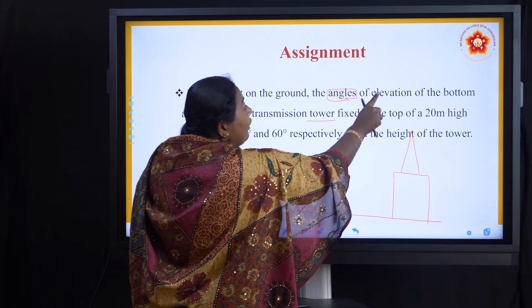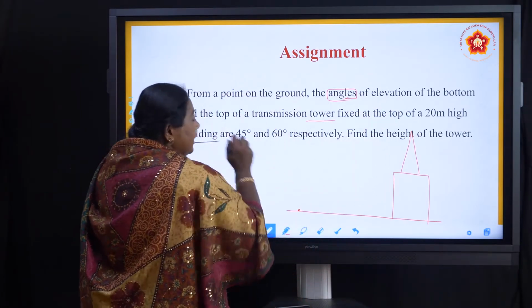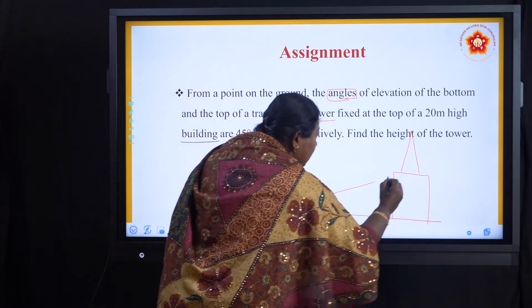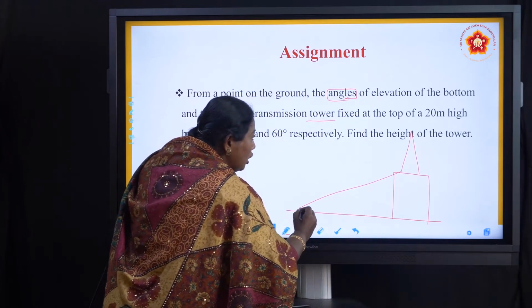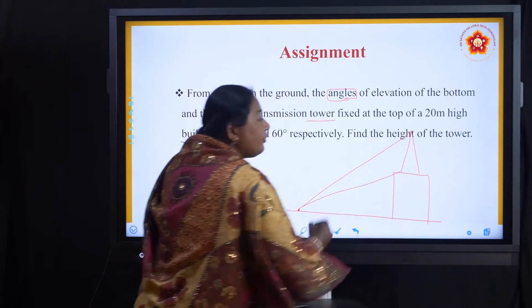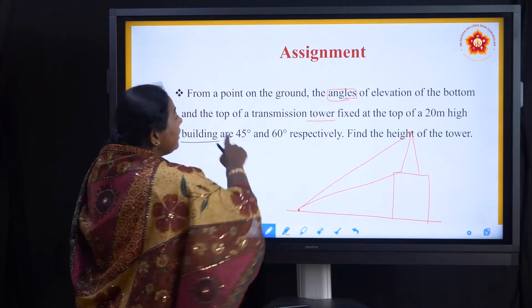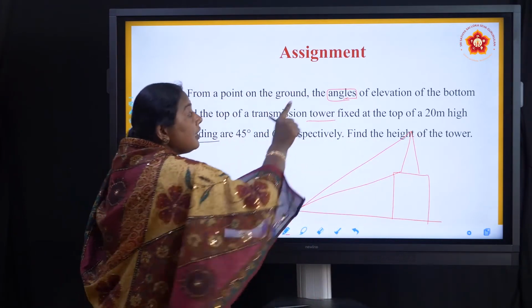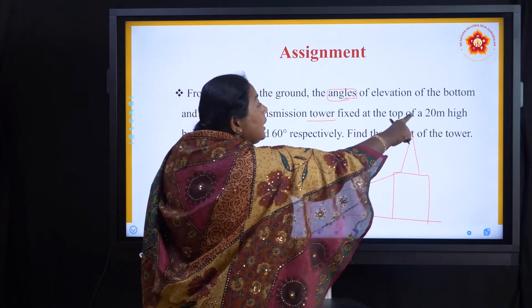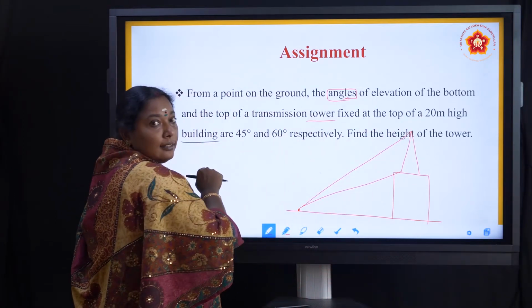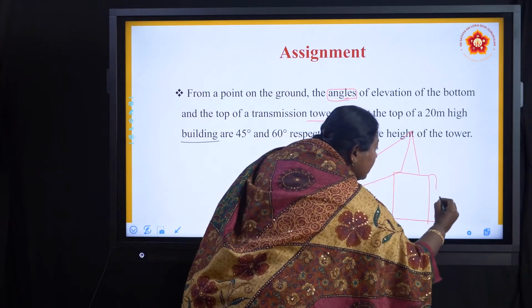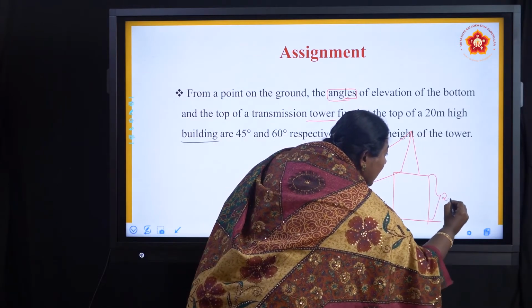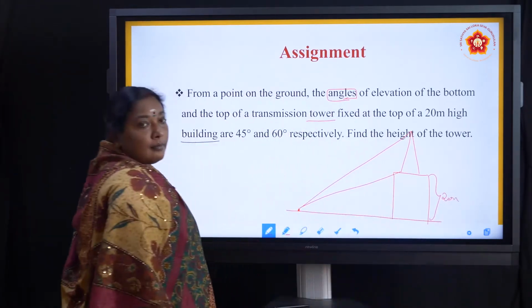The tower is fixed on a 20-meter high building. They have given the height of the building. It is 20 meters.